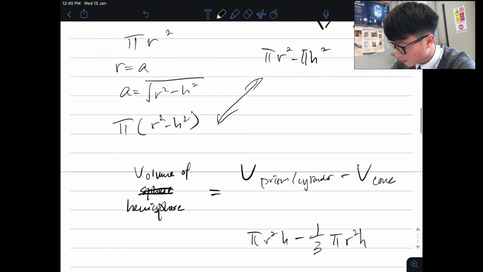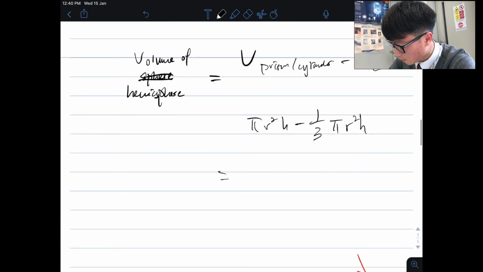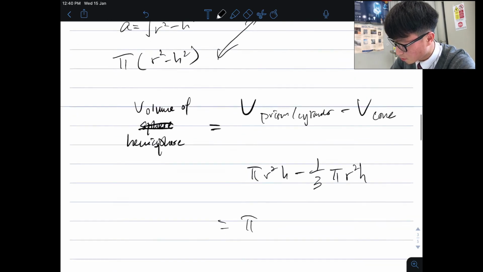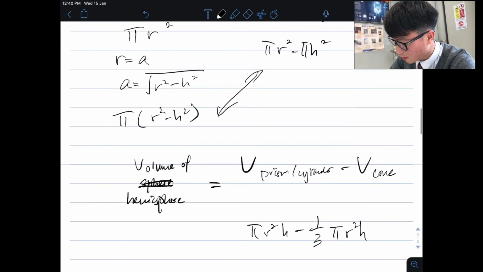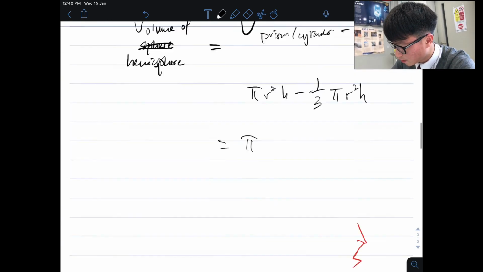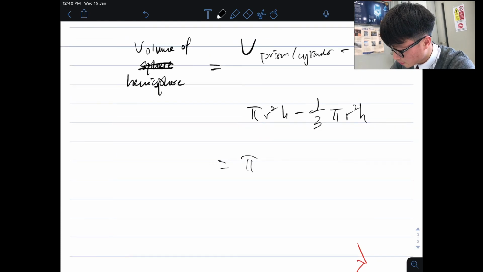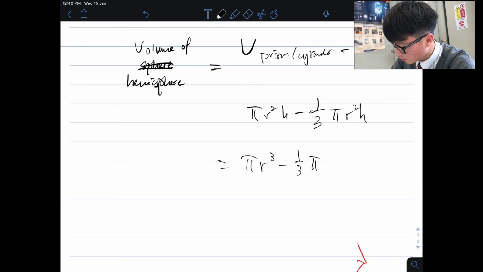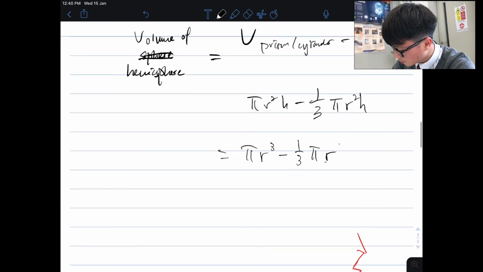By the previous theory above, we can conclude that r is equal to h here, and this leads us to this.